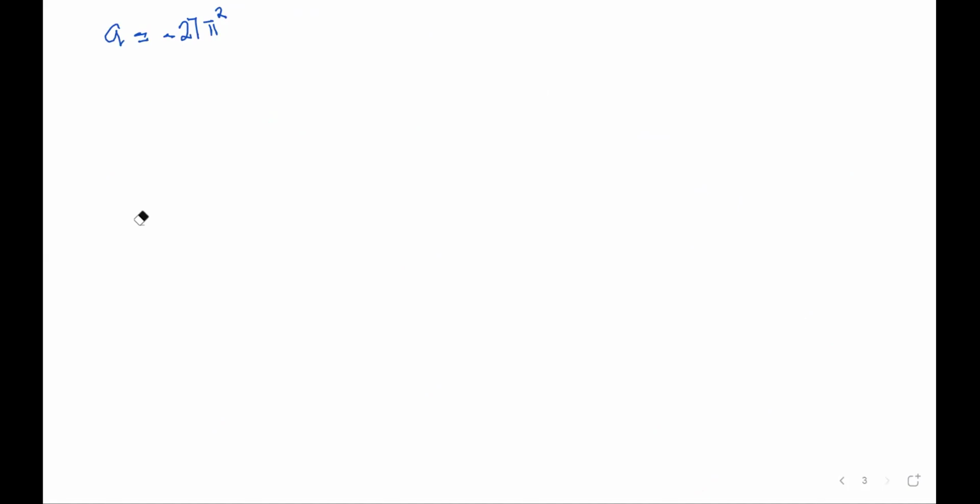So 3.142 squared, times 27. This is giving us 266.5. So a is equal to negative 266.5 meters per second squared. So that's the value of the acceleration.